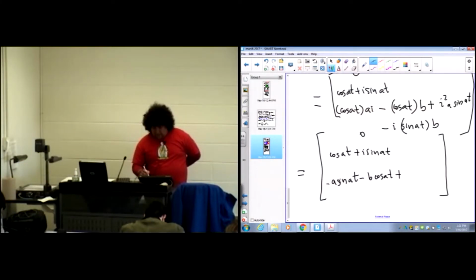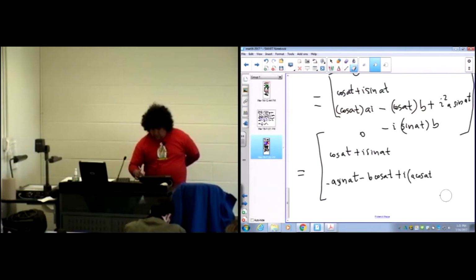So this is a vector. Looks kind of convoluted, but this is the vector obtained by multiplying e to the lambda 3t times the eigenvector corresponding to lambda 3.